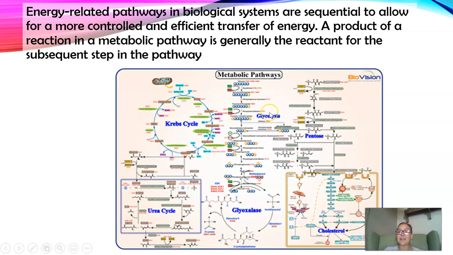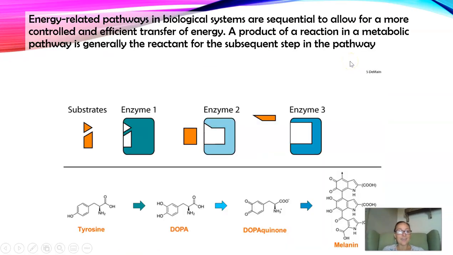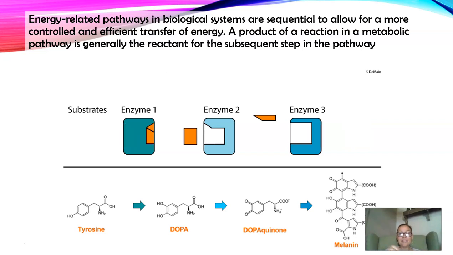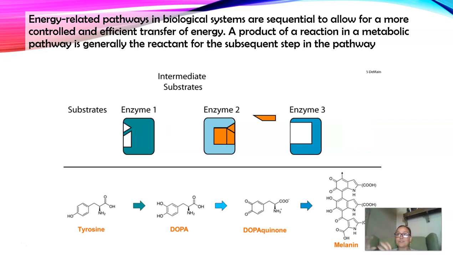And I like the end of this standard, where it says a product of a reaction in a metabolic pathway is generally the reactant for the next step in the pathway. So in general, here you start with a substrate, and in a pathway, you're going to have enzymes that control each step.